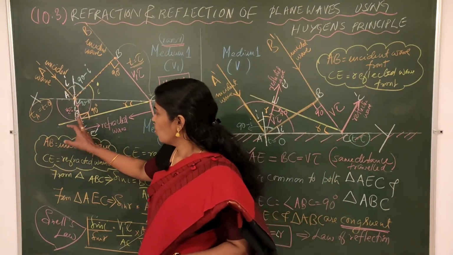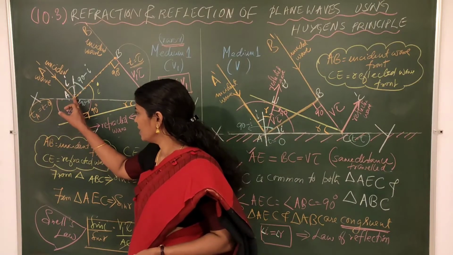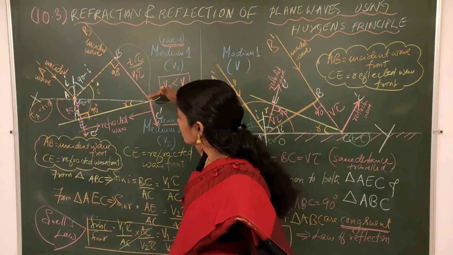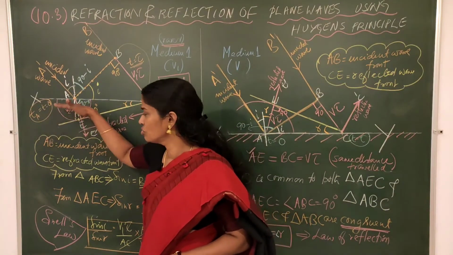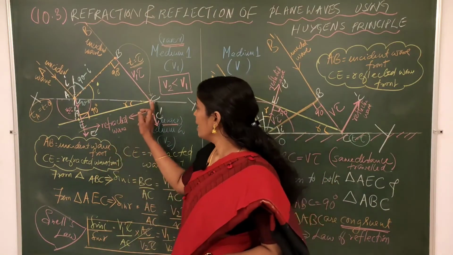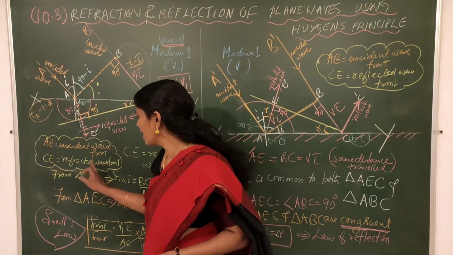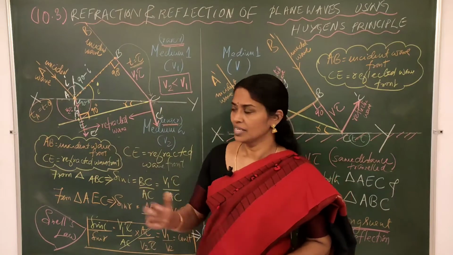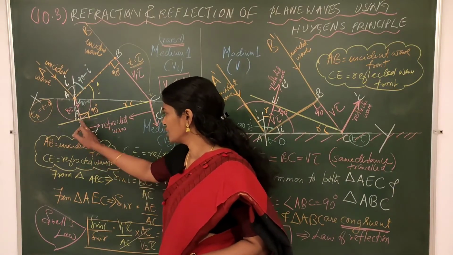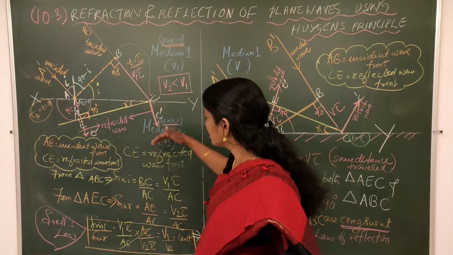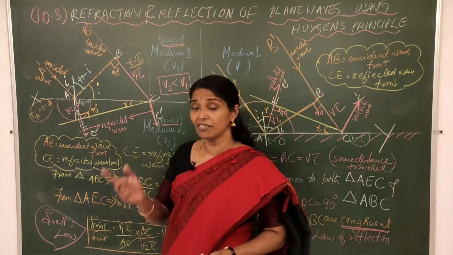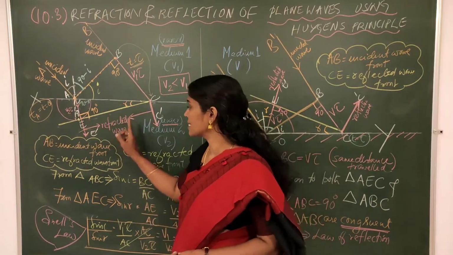Now suppose it comes to the point E, and from C you draw a tangent to the sphere so that it touches the point E. So we have CE as the refracted wavefront, and AE', EE', CC' come as the refracted wave, not reflected, refracted wave.